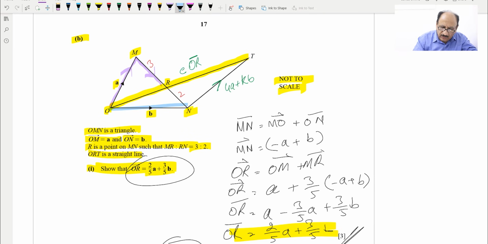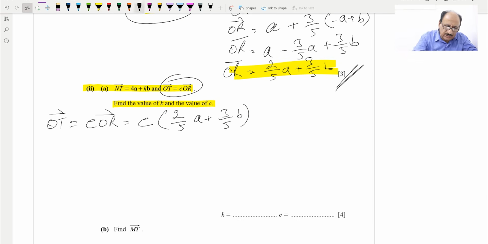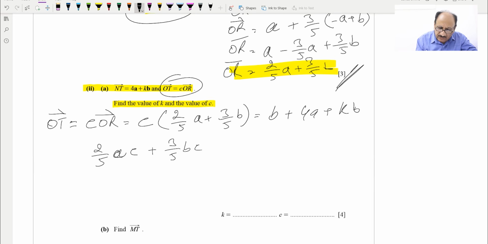We can take this one and this one. So OT is b plus 4a plus kb. Now we can open this bracket, and we will get 2/5 ac plus 3/5 bc is equal to 4a plus b plus kb.